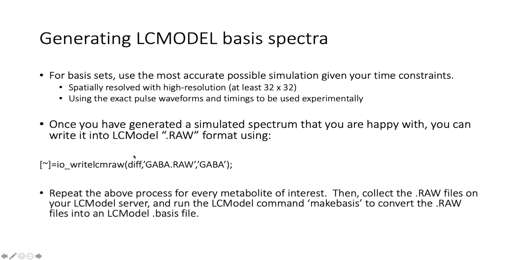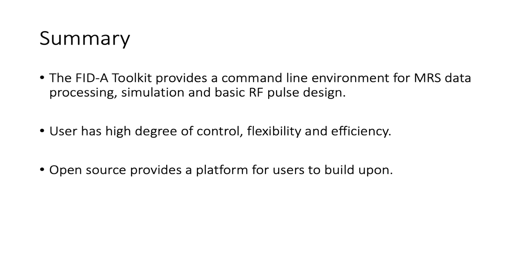This is just for one of the metabolites, but what you should do is repeat this simulation for every metabolite that you want in your basis set, and then export each one as a .raw file with its own metabolite name. Once you've collected all the .raw files on your LCModel server, you're going to use the LCModel command makebasis to convert these .raw files into an LCModel basis file that you can then use for LCModel analysis.